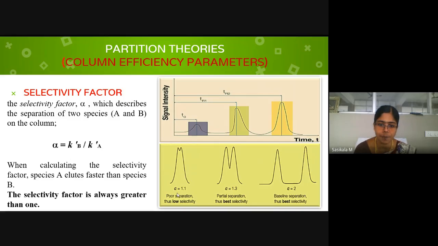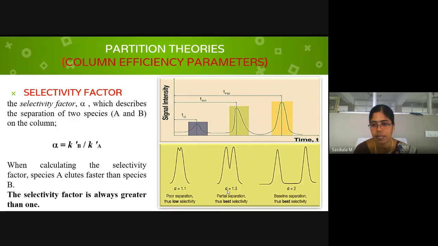If there is poor separation, the alpha value, the selectivity factor value, will be 1.1. So no selective or specific compound is separated from the column. It is only a mixture, not ideally separated. It is overlapped with other compounds.